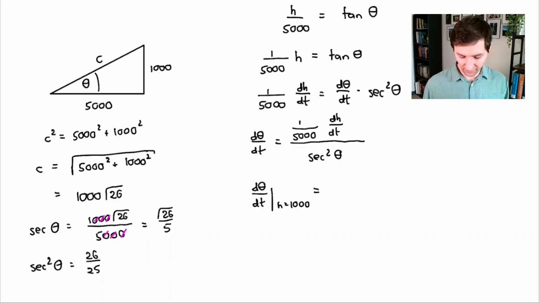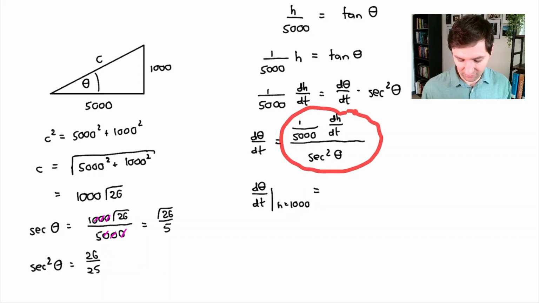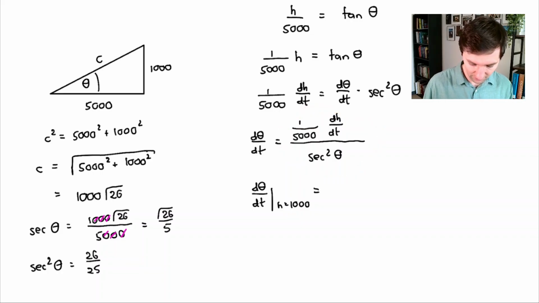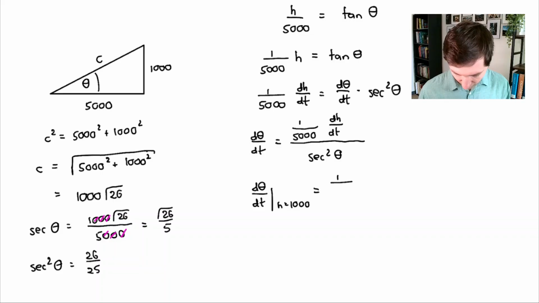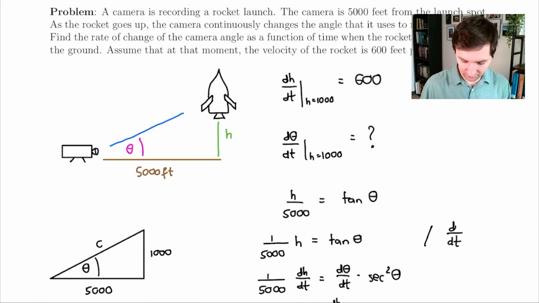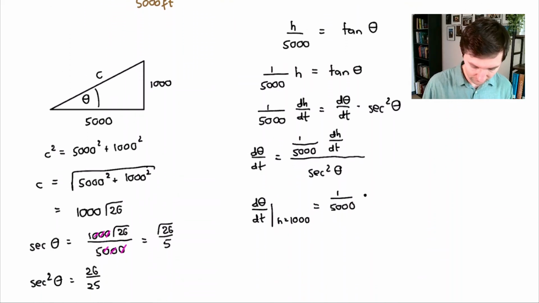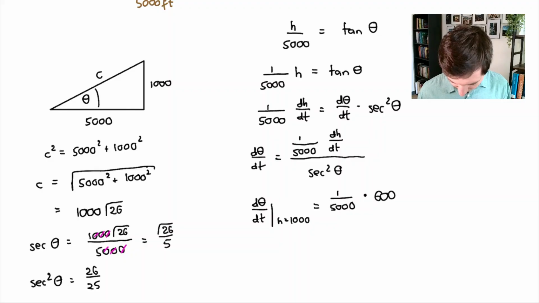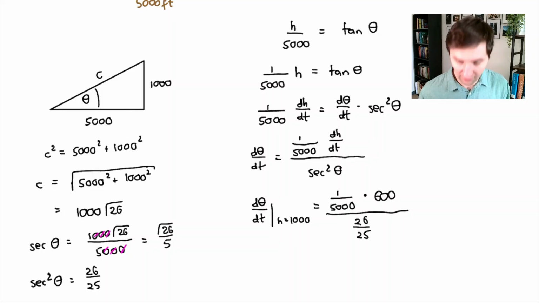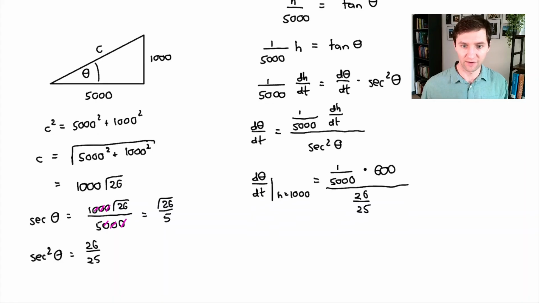Now I know all the expressions on the right side of my equation. I get 1 over 5000 times, instead of dh dt, I can plug in 600, and instead of secant squared of theta, I can plug in 26 divided by 25. Let's simplify this.